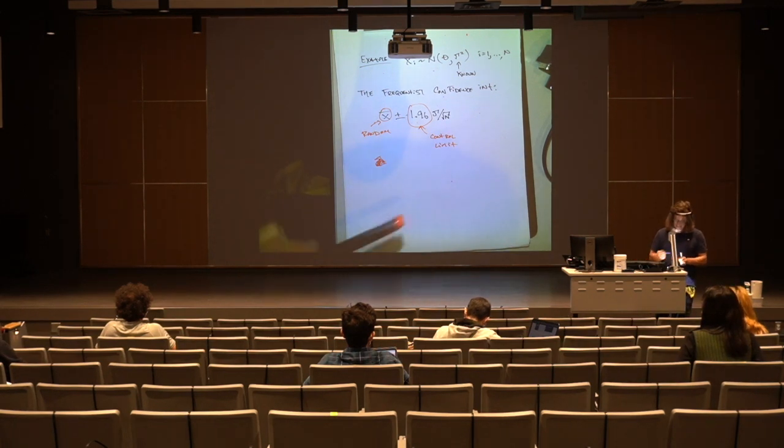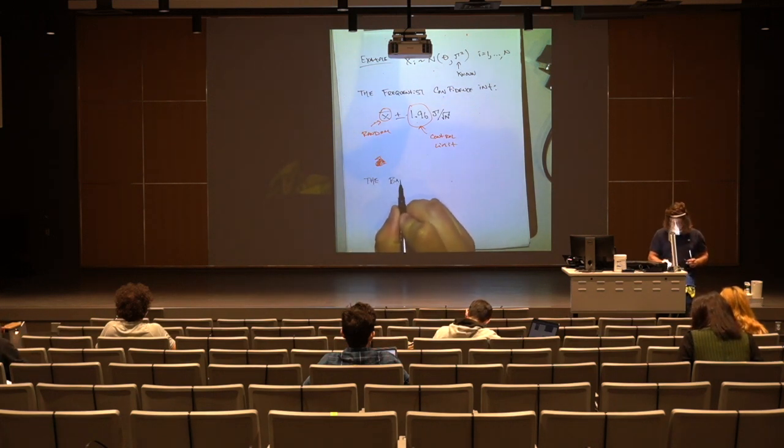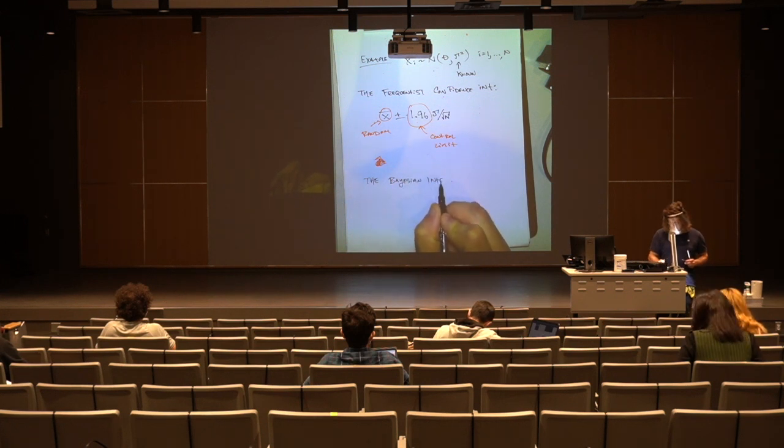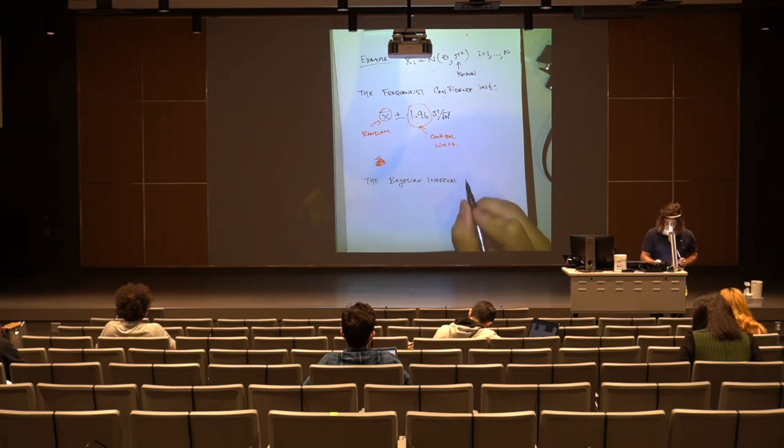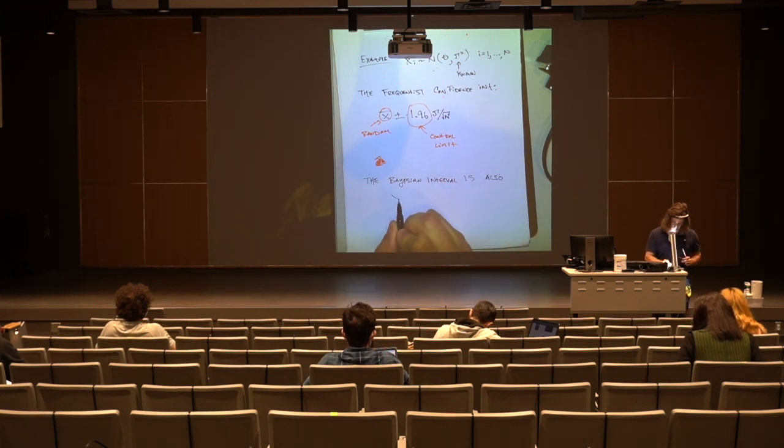So interestingly, the Bayesian interval is also x bar plus or minus 1.96 sigma over root n.